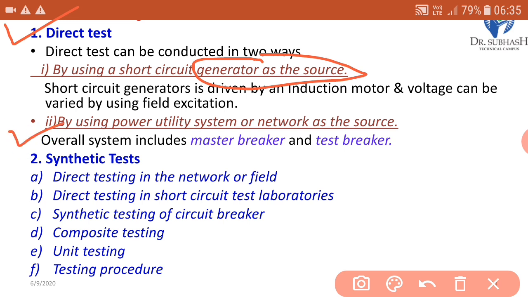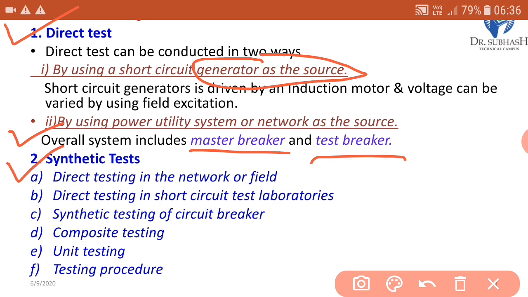Then by using power utility system or network as the source. Overall system includes master breaker and test breaker.